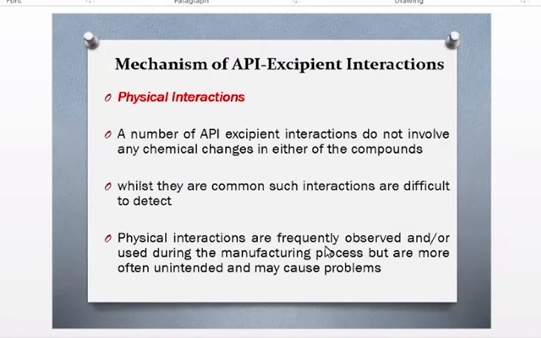These interactions are all frequently observed in manufacturing processes, but more often unintended, and may cause a number of problems. Different physical interactions have been recognized and include formation of solid dispersions, complexation, and adsorption.